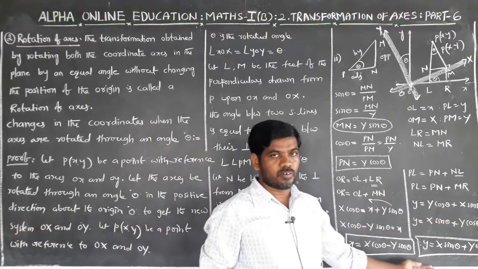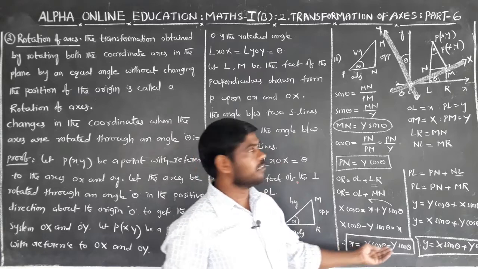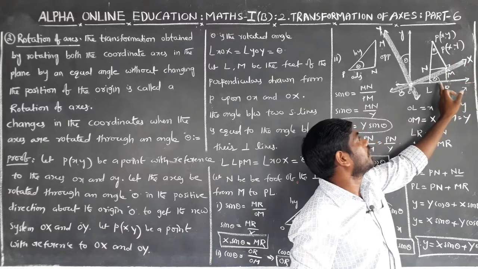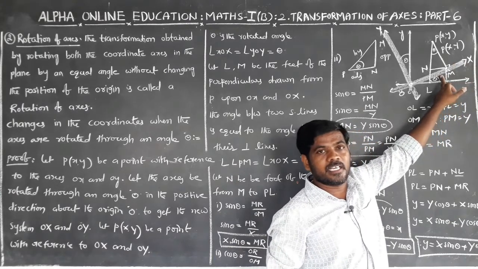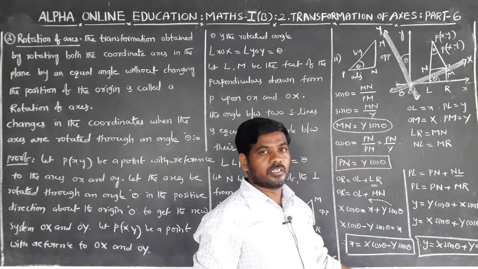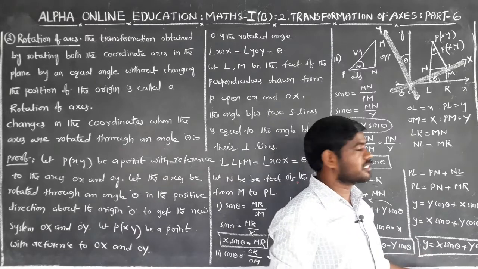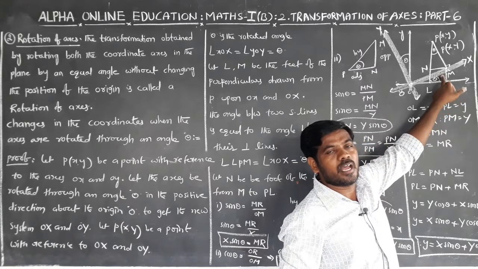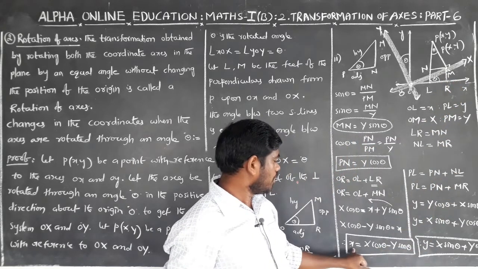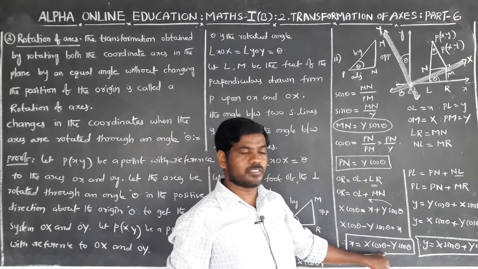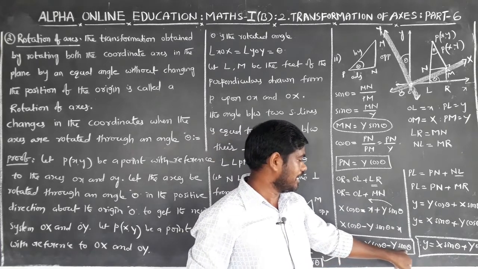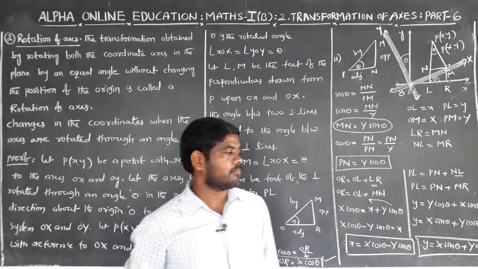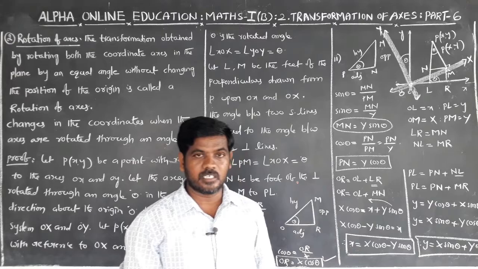This is the formula, the relation between the old point and the new point and the rotated angle. This is the proof.